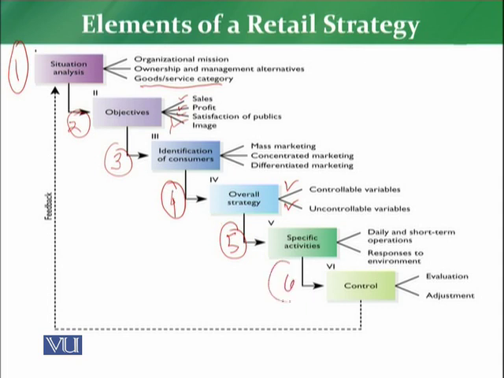And then we move to the last step of the retail strategy, which is about the control. So retailer has to evaluate whether the strategy that was made is in line with the objectives of the retailer, and if there are deviations, then to do the adjustments accordingly.